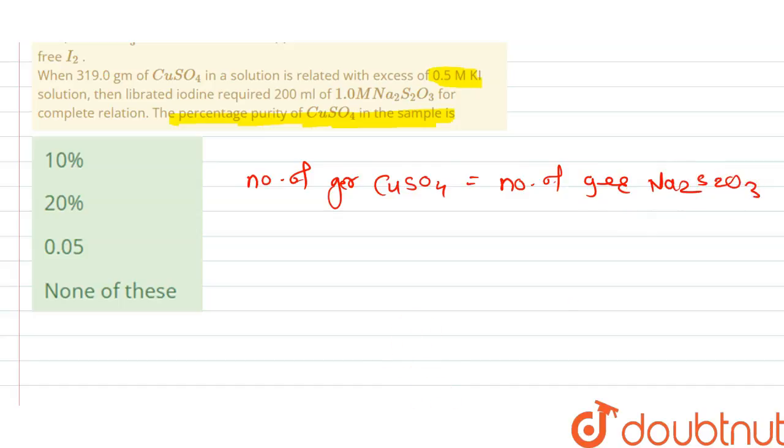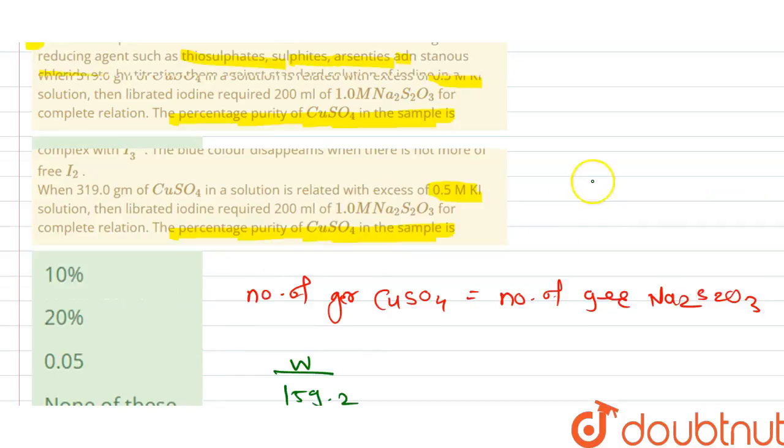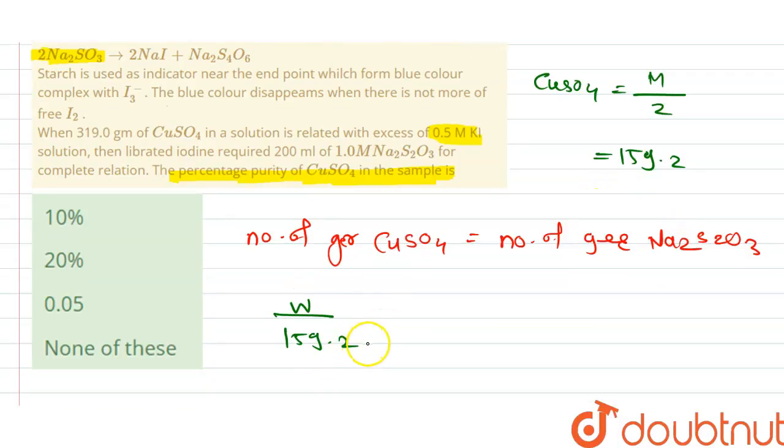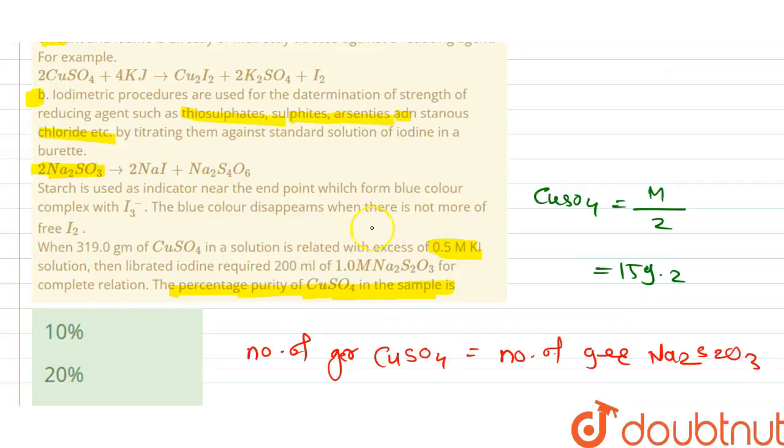How can we calculate? Weight upon 159.2. How does it become? Copper sulfate CuSO4 mass upon 2, this mass is 159.2. So here W upon equivalent weight is equal to volume into normality in ml. Then volume is 200 ml, given.